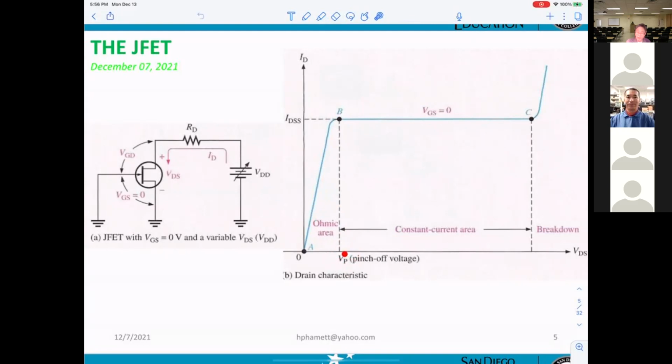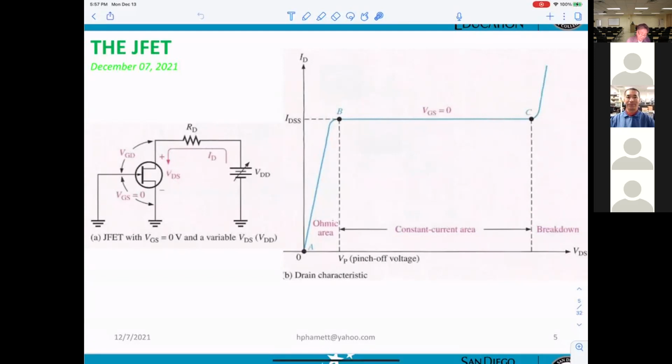VP stands for pinch off voltage. Starting from VP, the current ID will be constant, equal to ID up to point C. After that is the breakdown area, and we don't care about that one.